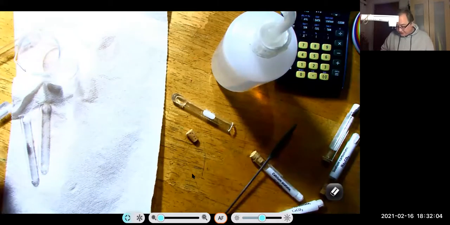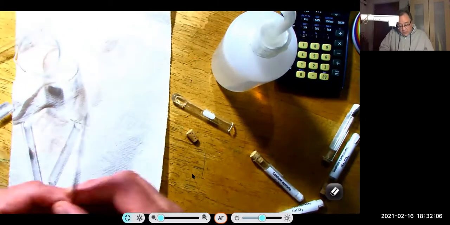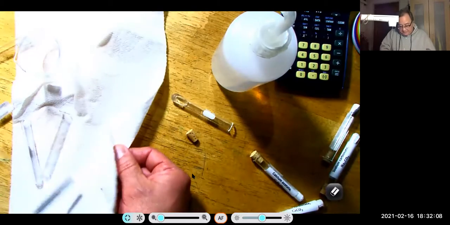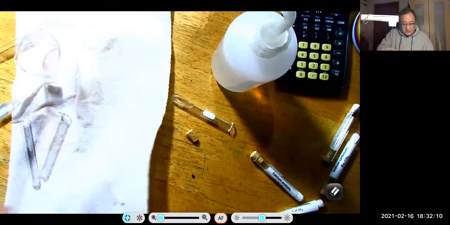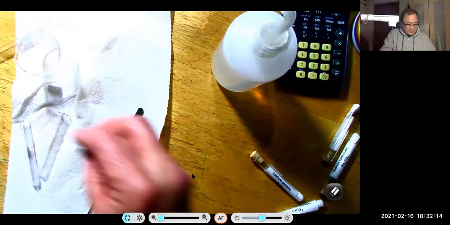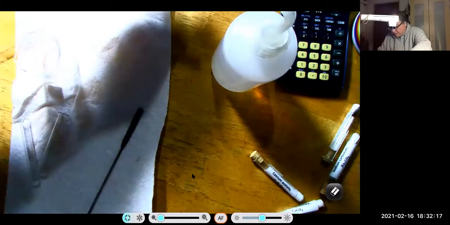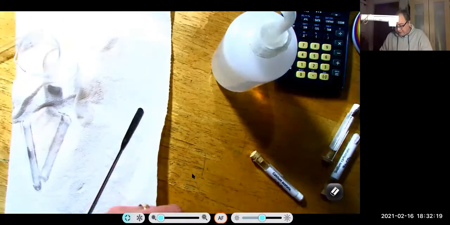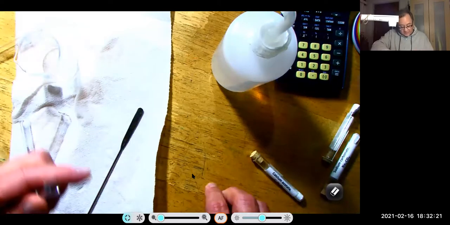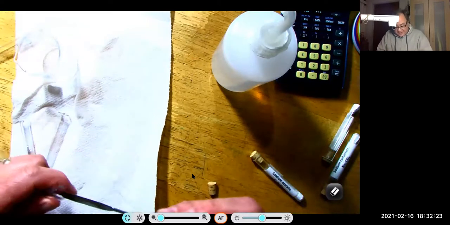Okay, so let's clean off our stir rod, paper towel. I don't want any impurities on that. And let's see what happens when I do this with another one of these. So here's one. Not going to tell you which one it is.